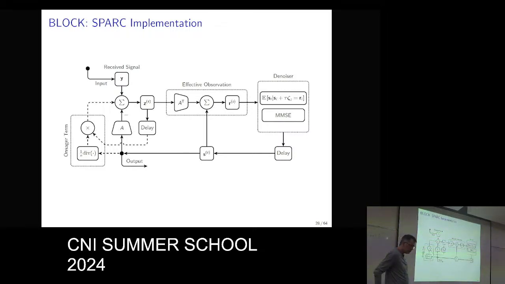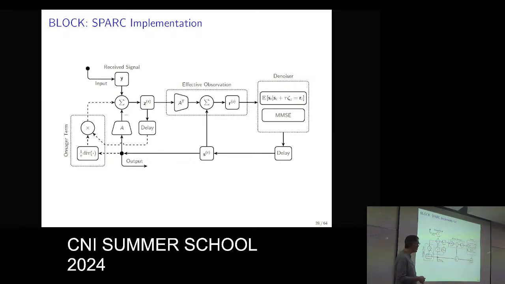From your residual, we know that you can compute the effective observation by taking A transpose of z and adding the previous state. So R is your effective observation that you can go through a denoiser. For their denoiser, they control their block size. They do a blockwise denoiser, which is slightly different than what we've seen.